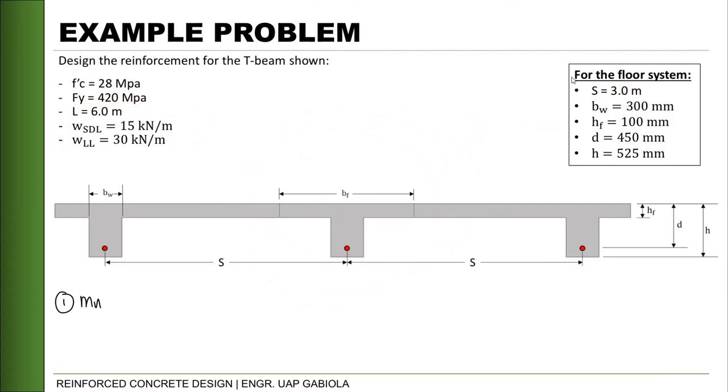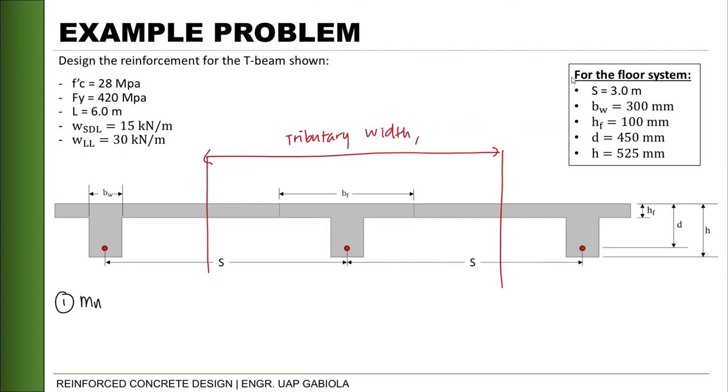No? So we have to be aware that these T-beams have portions that they need to carry. And this portion is what we call the tributary width that we consider. Meaning the middle T-beam, this is the width or tributary width that it considers. Meaning this is the width that it carries, where the loading goes to it. The remaining portion of the flange will be carried by this T-beam, and this portion will be carried by this T-beam.